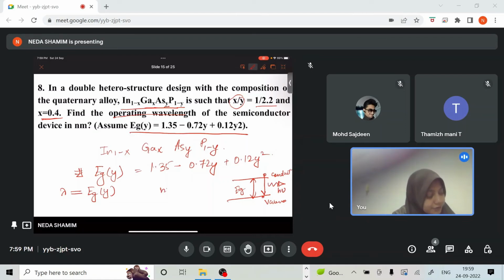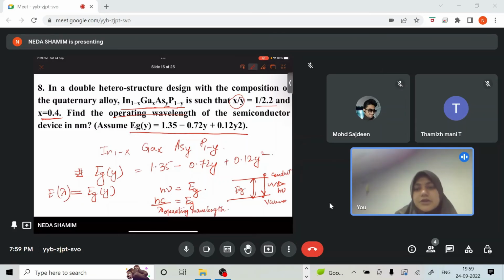This photon will have an energy equivalent to the band gap of this material. So hc by lambda will be equal to Eg. This lambda is known as the operating wavelength. Okay? Did you understand?